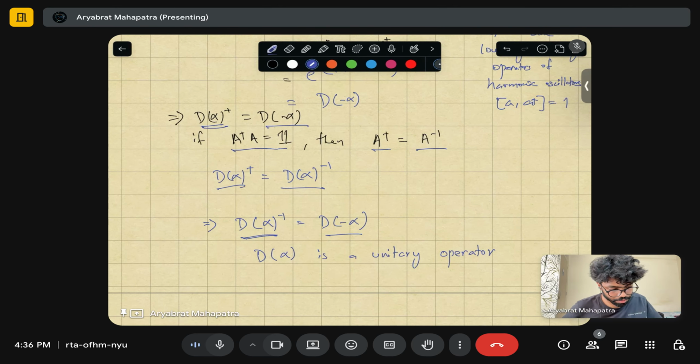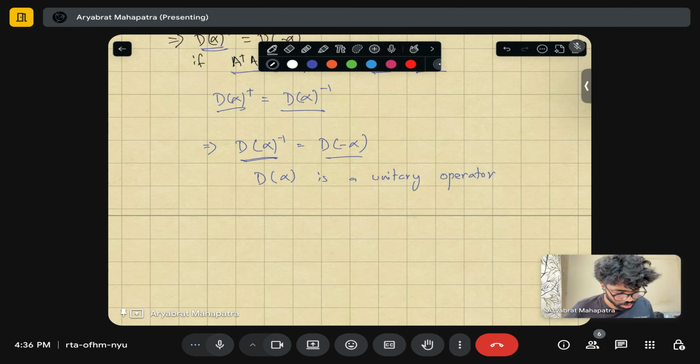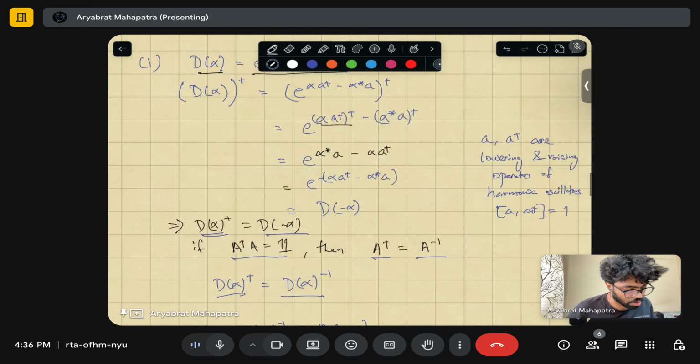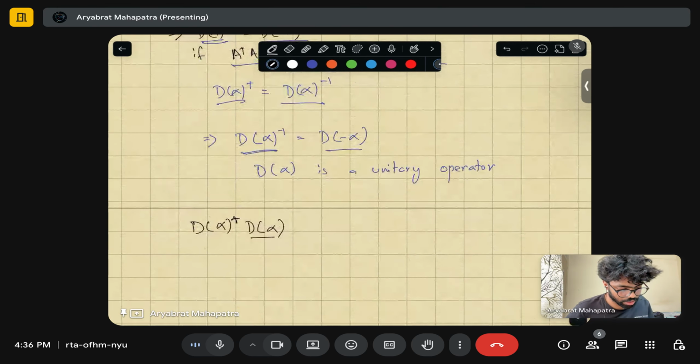So basically, you can directly check here. Let's say you got D of alpha dagger and D of alpha. You calculated D of alpha, which you found out to be this, D of alpha dagger, and D of alpha, which you know the definition.